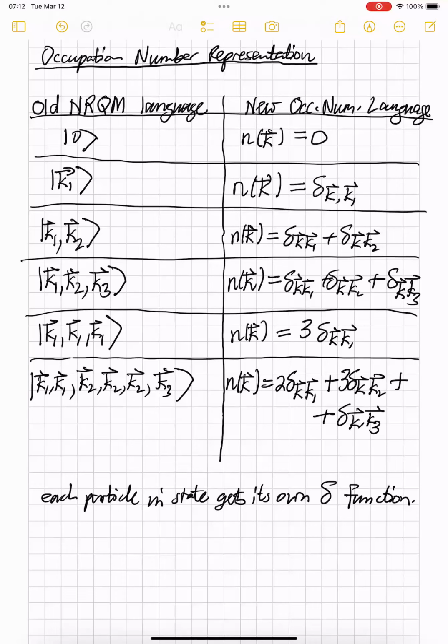The great thing about the occupation number language is that it doesn't matter how many particles you've got, you always describe the occupation number function as a single function of 3 variables. So we've got a lovely, simple description. Remember how ugly our wave function on Fock space was. Look at how beautiful our occupation number representation of Fock space is.